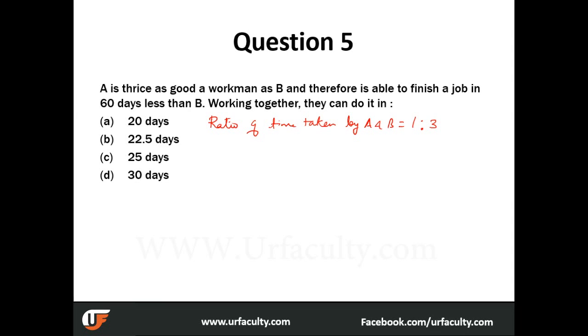Now, in such questions, what you can do is you can take it as x and 3x as the time, right? And what is it that they have given here? 3x minus x is equal to 60 days. This is the time taken by A and this is the time taken by B. They have said the difference of their time is equal to 60 days, so 2x is equal to 60.